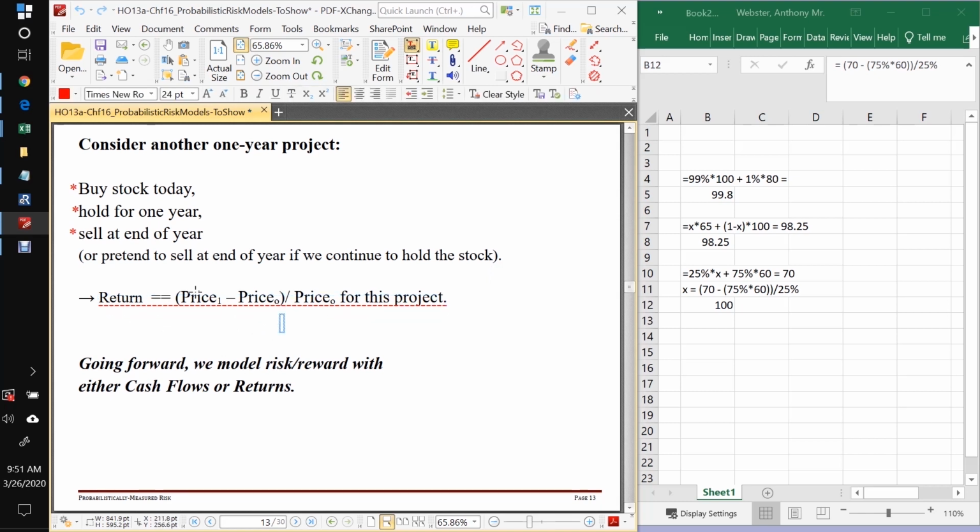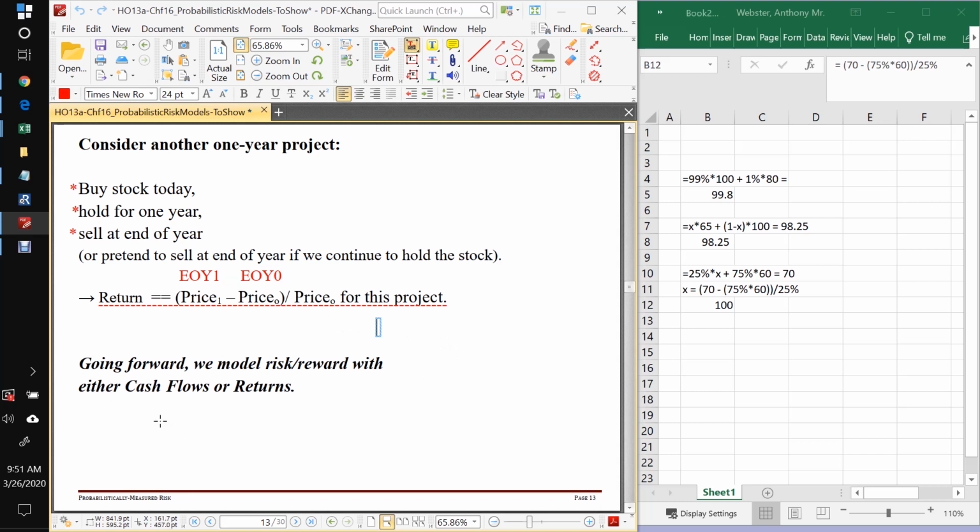That's going to be the price of the stock at the end of the year, at EOY 1, minus the price at t equals 0, which is EOY 0, and divided by the price at end of year 0 when we start the project.